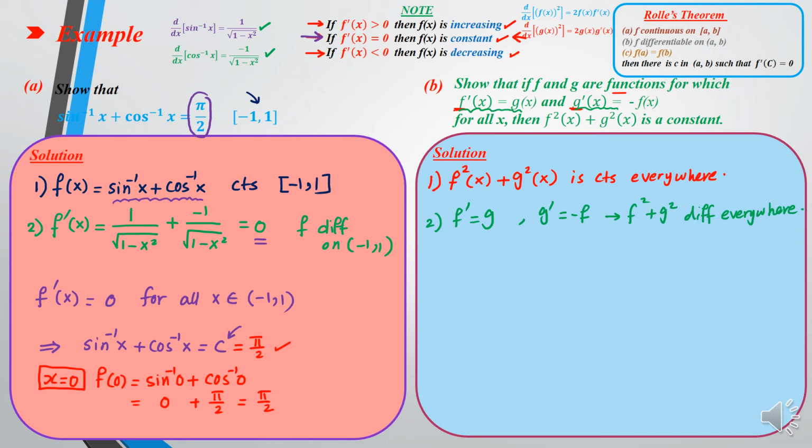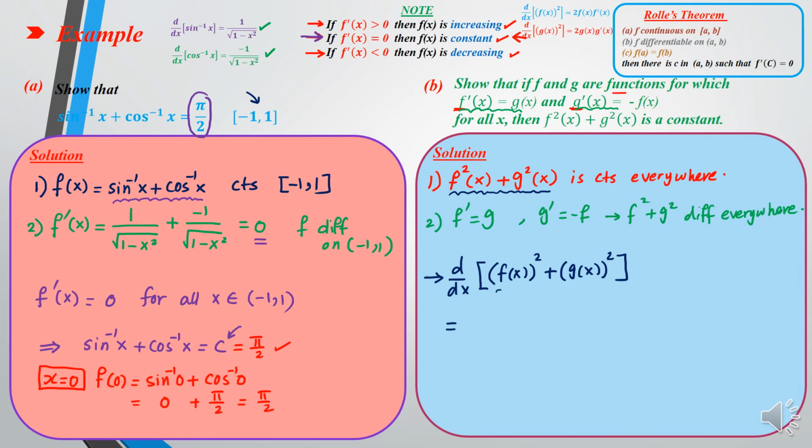Then you have to find the derivative of the function f squared of x plus g squared of x, and we can write it as f of x all the quantity squared plus g of x squared. And you have to use the chain rule to find the derivative.